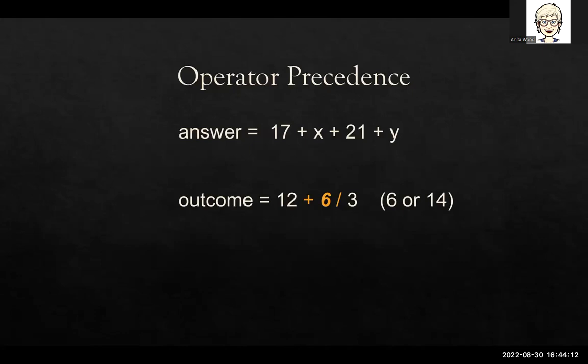It's possible to build mathematical expressions with several operators. This statement assigns the sum of 17, x, 21, and y to the variable answer. Some expressions are not that straightforward, however. Consider the next one. What value will be stored in outcome? Look closely at where I highlighted.